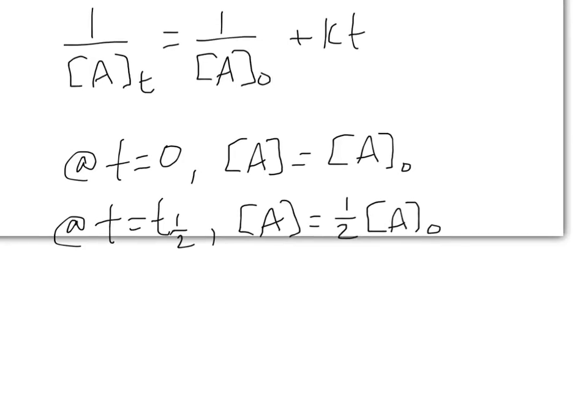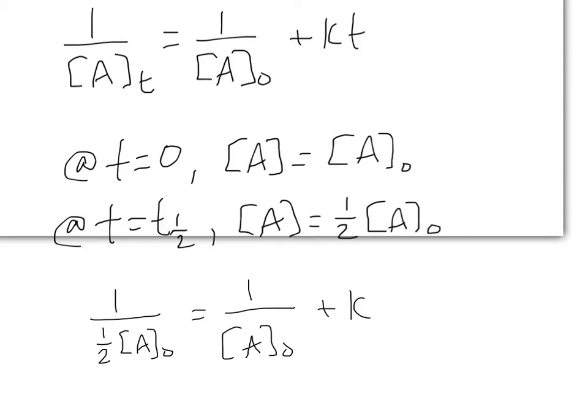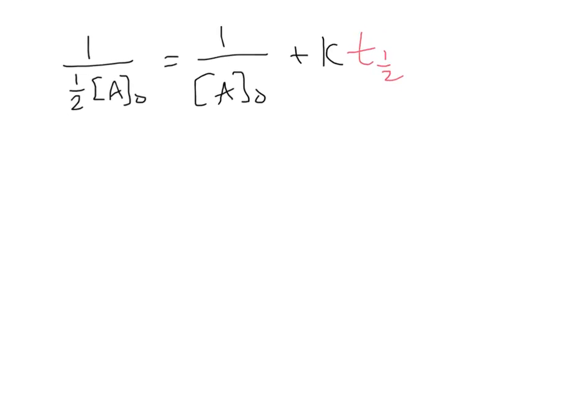So let's do that. 1 over the concentration at the half-life, so that's 1/2 of where we started, is equal to 1 over the original concentration plus k times our half-life. So if we find out what t sub a half is, then we'll be able to calculate our half-life.